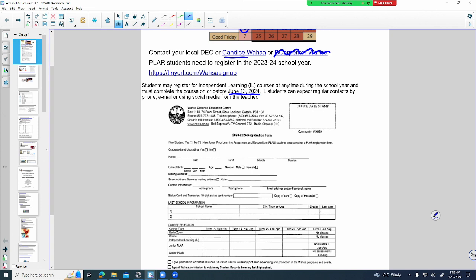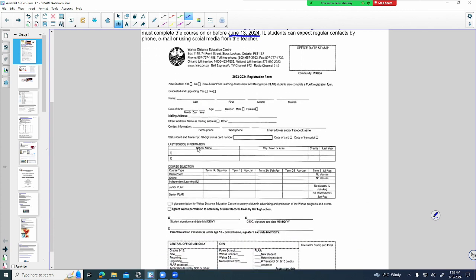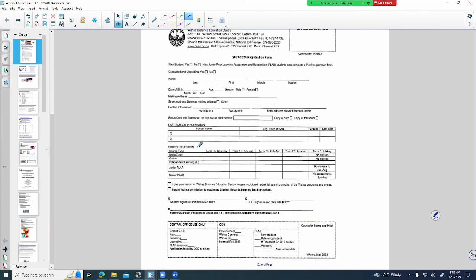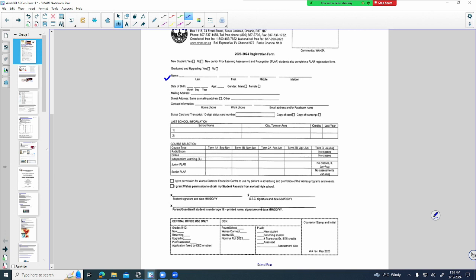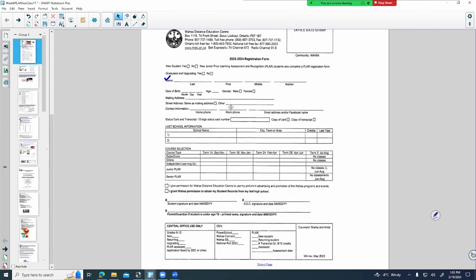If you're looking at the application form, we will just need some details: your name, your mailing address, and your last school information, so that we can get your transcript. If you don't have a transcript available, our counselors can get it for you, but we do need the last school information.